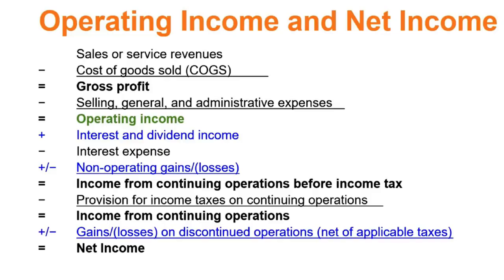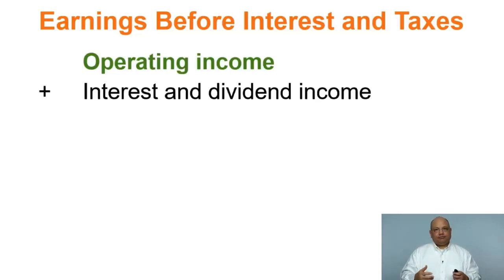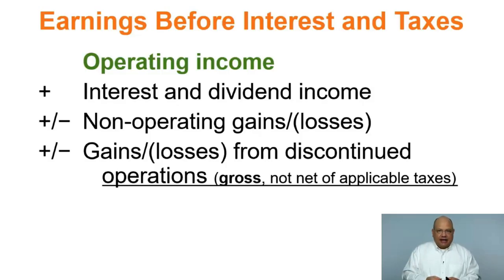Okay, those are the four main categories of our income statement where we come up with net income. But we also need to look at how we calculate earnings before interest and taxes. This is different than net income. So we start with operating income, and it's plus that interest and dividend income, not our interest paid, but our interest and dividend income. We then have the adjustments for non-operating gains and losses, plus or minus, again, the gains or losses from discontinued operations, okay, not net of applicable taxes.